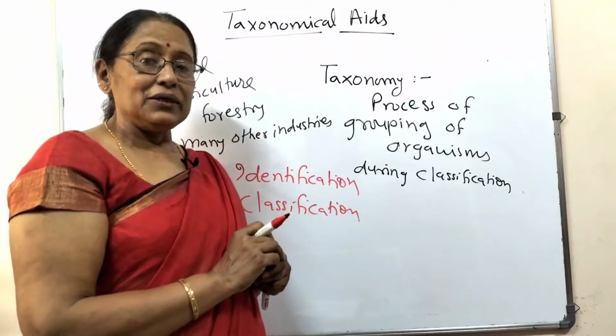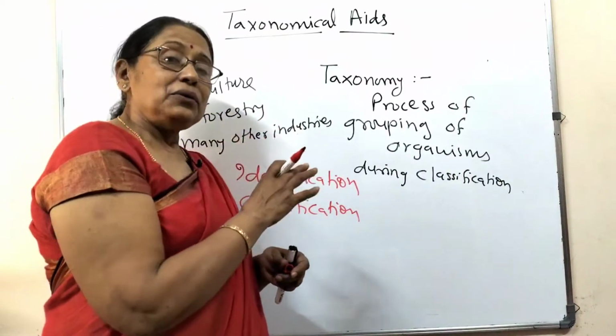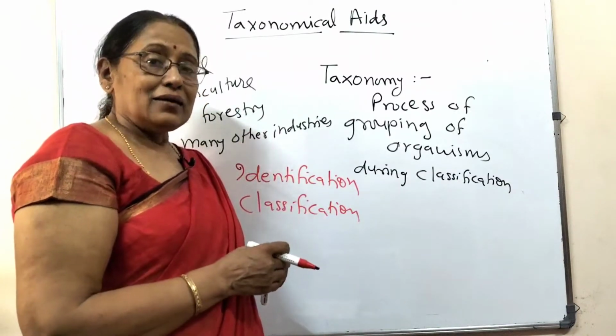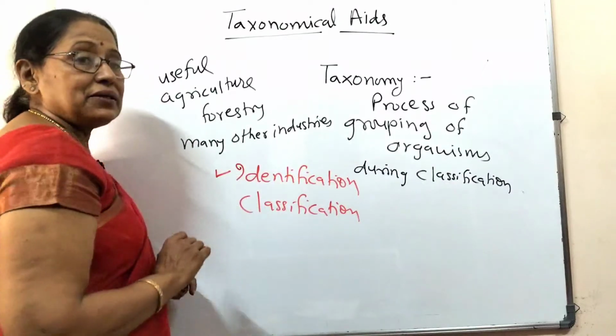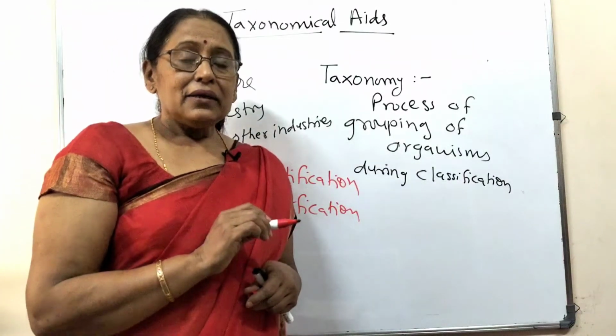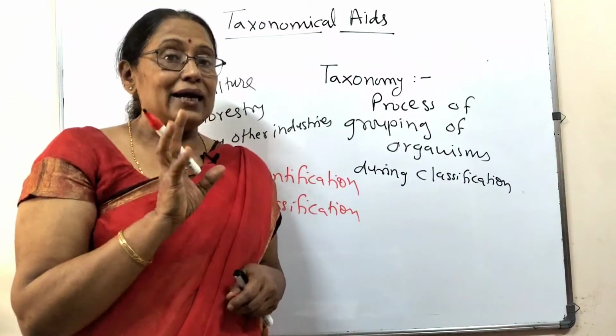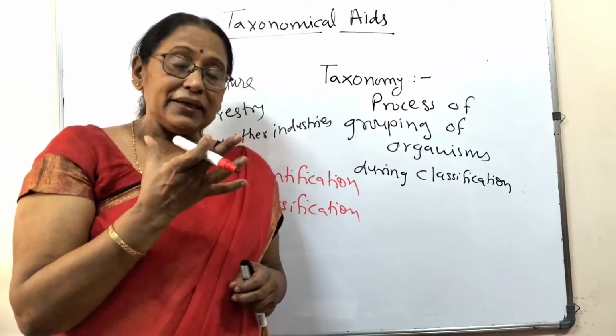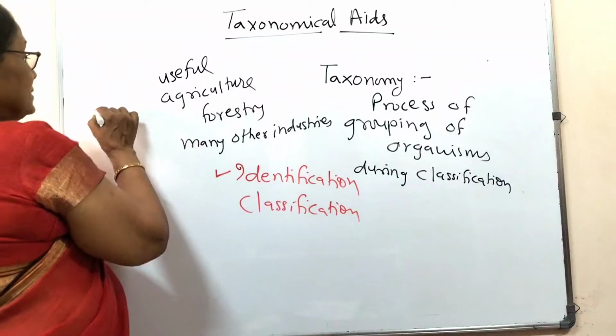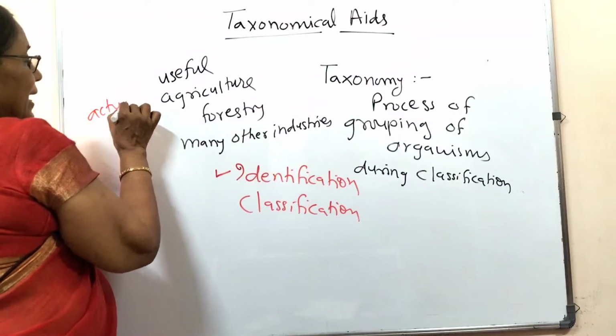Then the whole taxonomy will go wrong. Then you will place it into some wrong taxa. This should not happen. And for proper identification, thorough field and lab activity is required. Means you need the actual specimen.